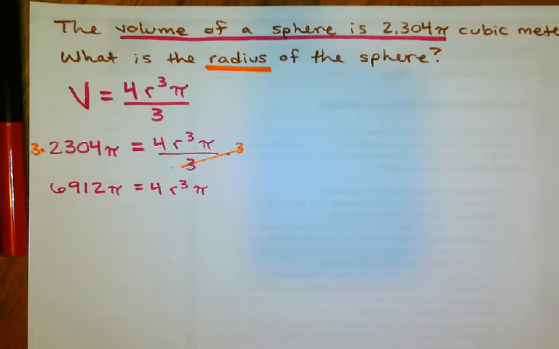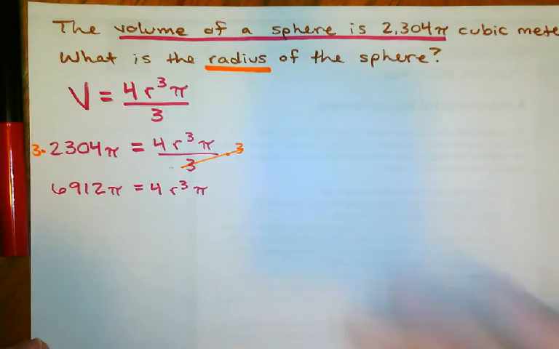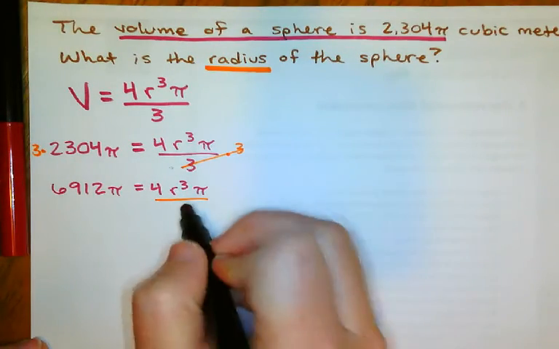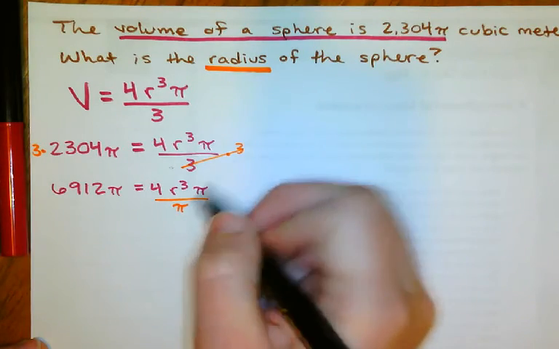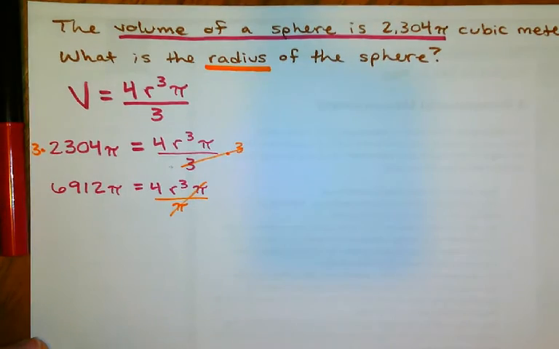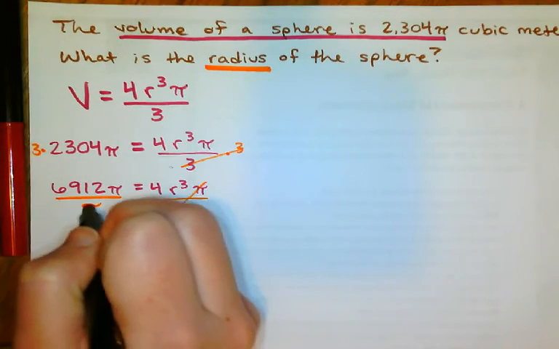Now there's a couple different things that we could do next. What I'm going to show you first is that typically we would divide by something, right? And you're exactly right. We are going to divide. I'm going to divide by pi first, because if I divide by pi, this is going to cancel out. Well, what I do to one side, I have to do to the other. So I divide by pi.